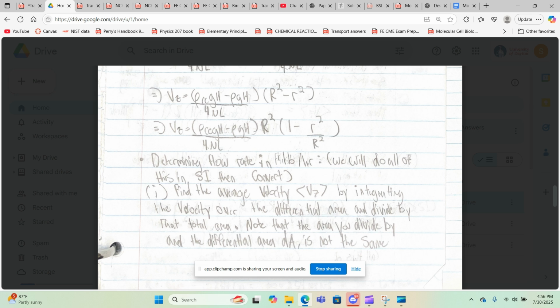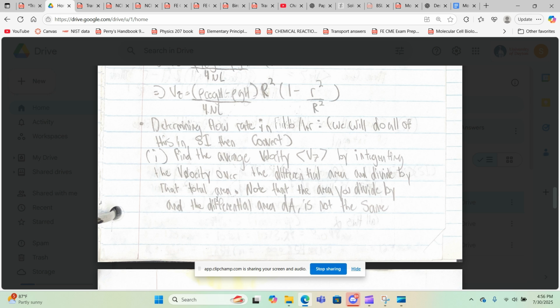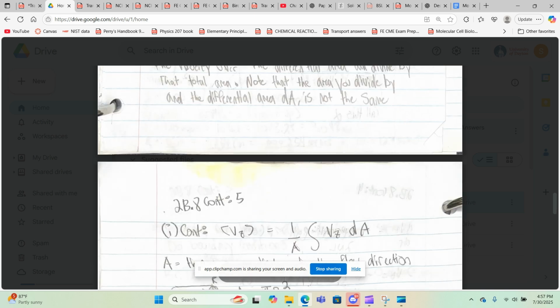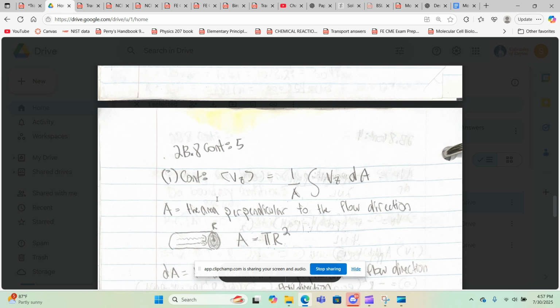And for that, we're first going to need to find the average velocity, because mass flow is just average velocity times rho times cross-sectional area, I think. But okay, so average velocity is just the integral of vz over dA, which is the differential area perpendicular to the velocity direction.